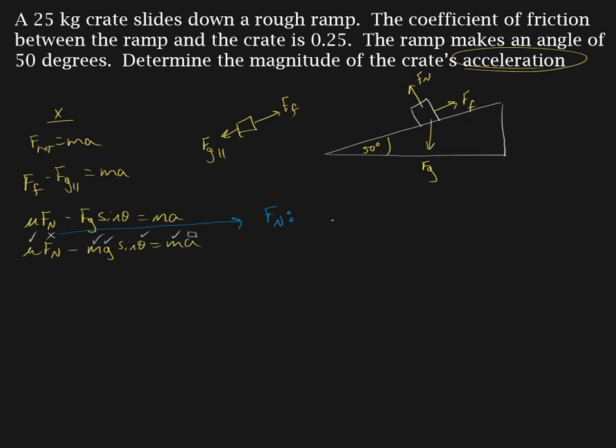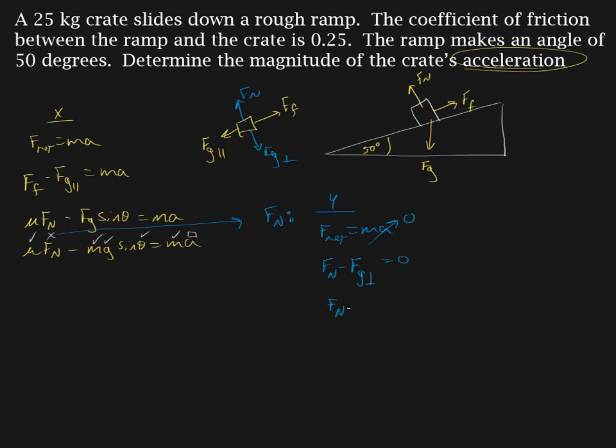So the normal force coming from the y dimension now, we write F net is equal to ma, and perpendicular to the ramp there is no acceleration, so we're just going to end up with the normal force pointing up, and then FG perpendicular. So we get Fn minus FG perpendicular is equal to 0.